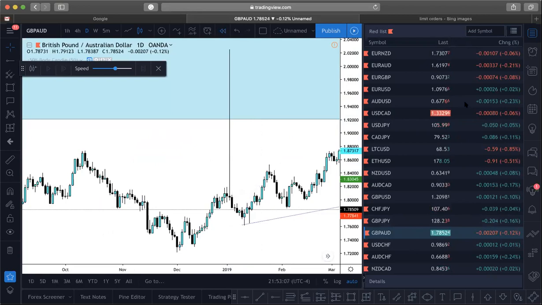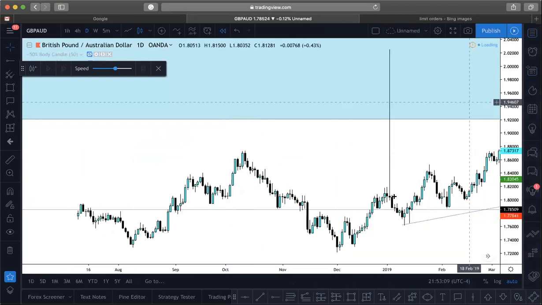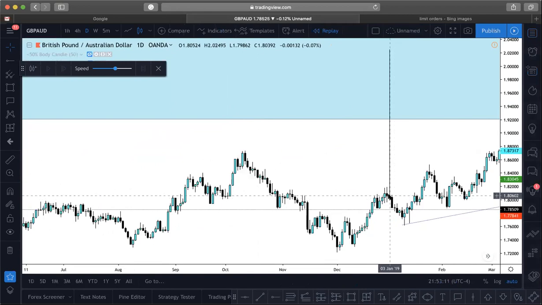Your account probably wouldn't be able to handle this spike, because this would have been taking money out of your account in negative pips. This was 2,000 pips, and if you had $1 a pip, that is $2,000. You would have lost it in a few minutes. Your whole account would have gone. You'd have been down to zero if you didn't have a stop loss.